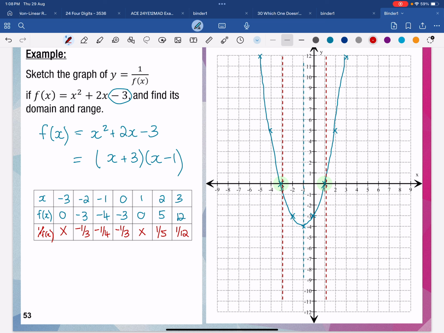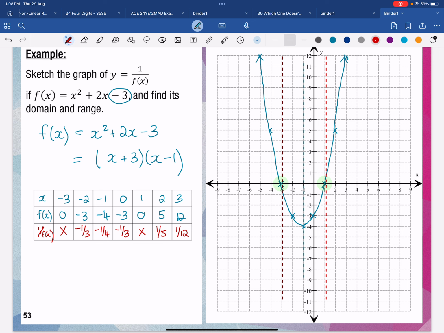So as f of x, that's my original function that I've drawn in that teal colour, approaches infinity, as it gets bigger, 1 on f of x gets smaller. And the other important number is 1, because 1 divided by 1 is 1.